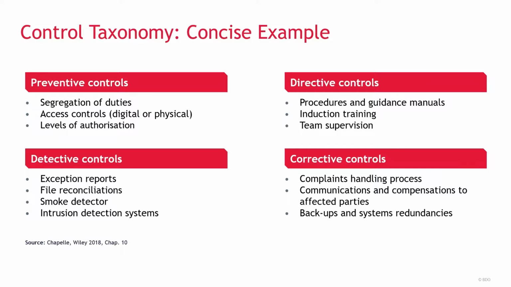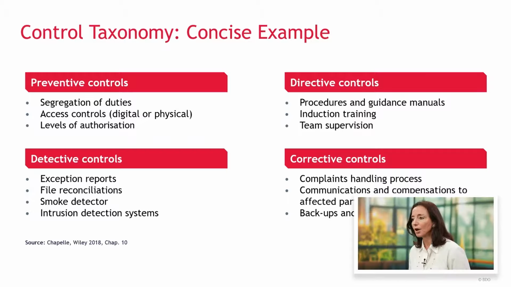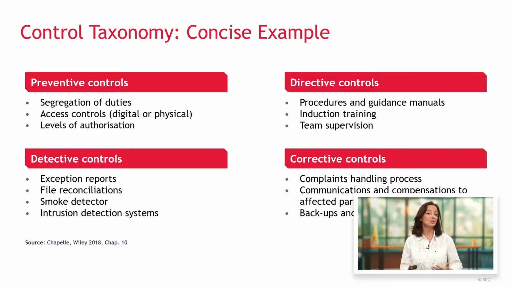But what I want to highlight with these very concise examples is that your control taxonomy doesn't need to have 250 entries. You can have quite a restricted way of defining your controls if you define them at a level that is high enough, like segregation of duties, which includes the process of segregating duties across different departments, or access controls that can target digital access, physical access, data access, authority, and so forth.